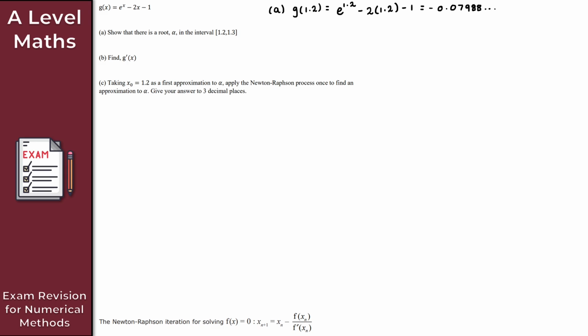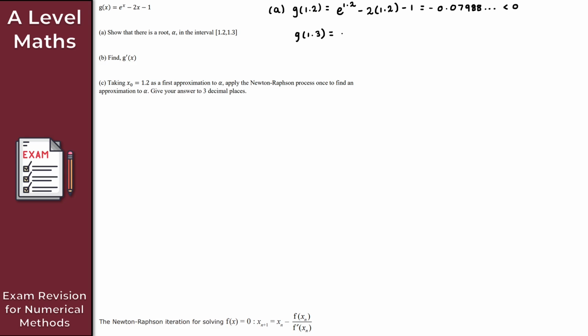Now, as we can see then, this is negative, so it's less than 0. And what we'd hope for here then, is when we find g of 1.3, we'd hope that the result then is positive, because that would indicate a change of sign in the interval.